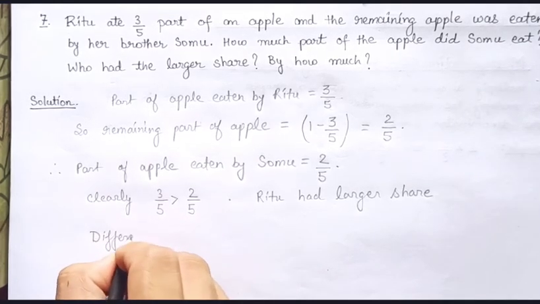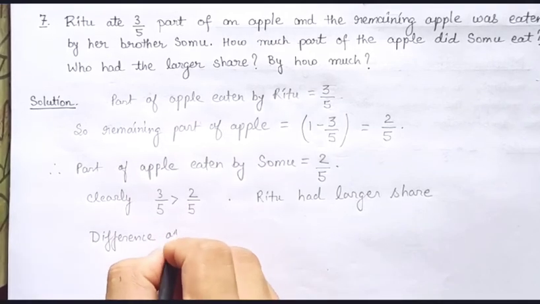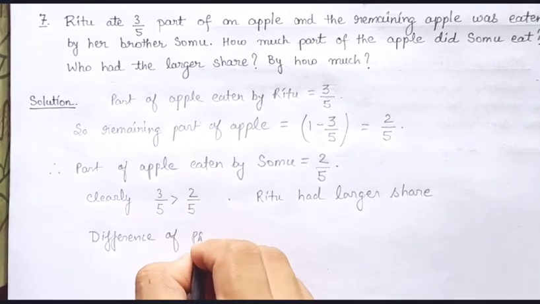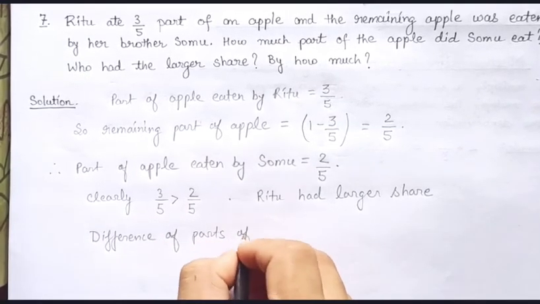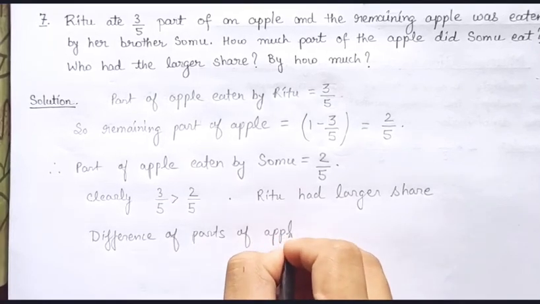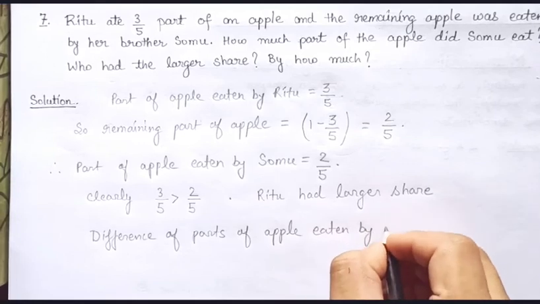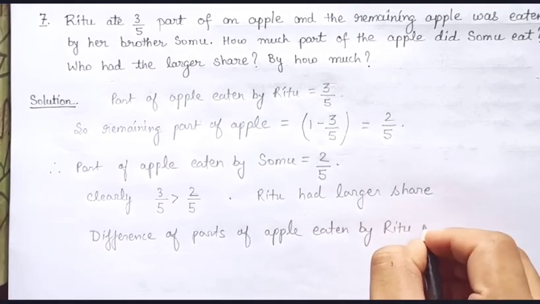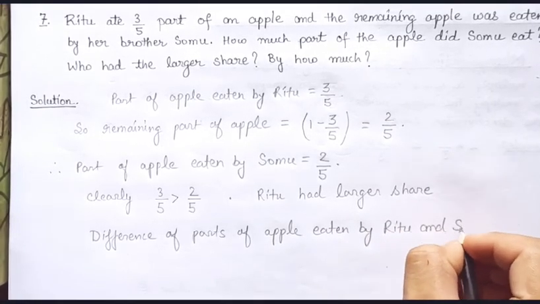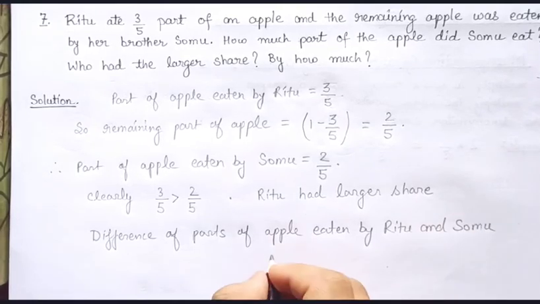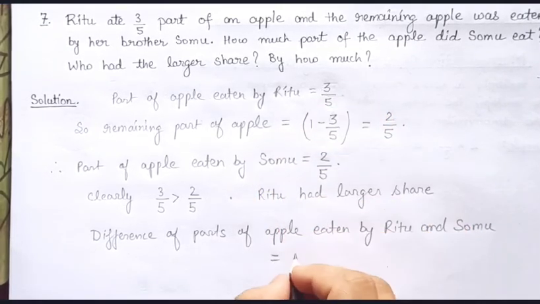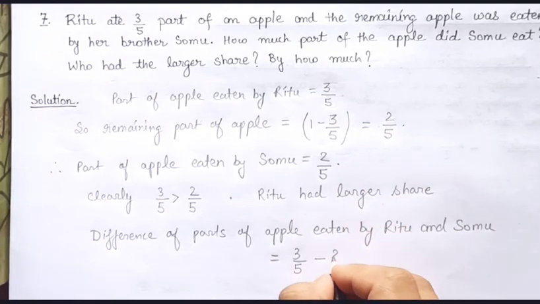Difference of parts of apple eaten by Ritu and Somu is equal to 3 by 5 minus 2 by 5.